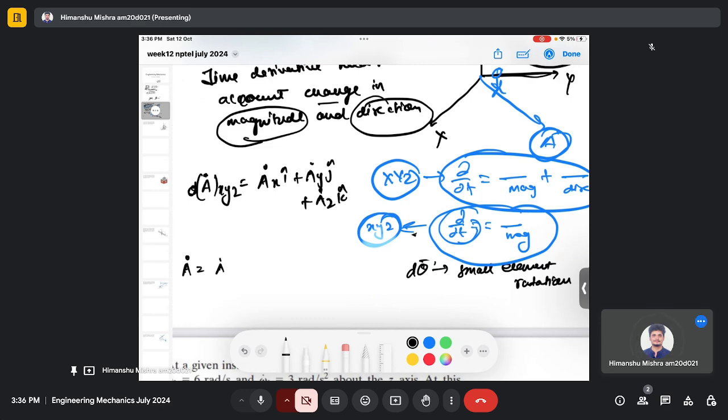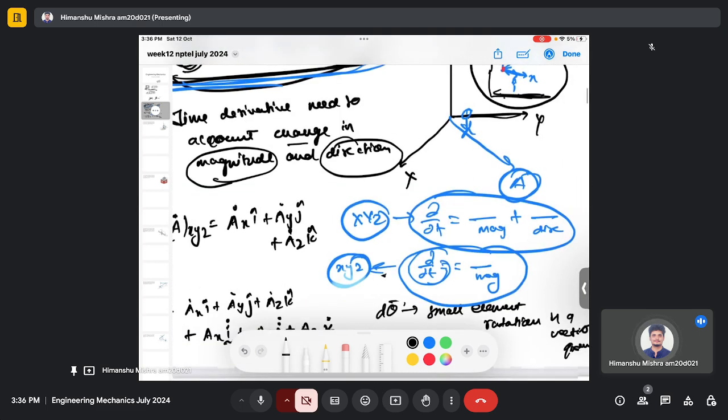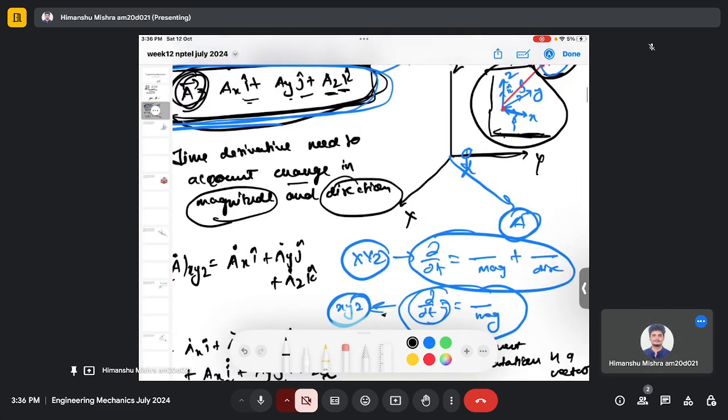It will contain the change in magnitude plus change in direction, right? Because if you are sitting in the fixed frame of reference here, you can see the direction and magnitude of vector A both changing.